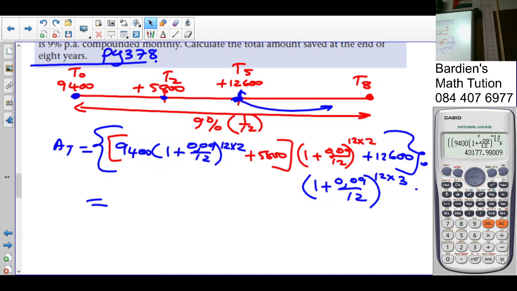Is the answer wrong? The one exponent you made wrong. Which one? That's 12 times 3. At the end or at the beginning? The middle one. Oops.